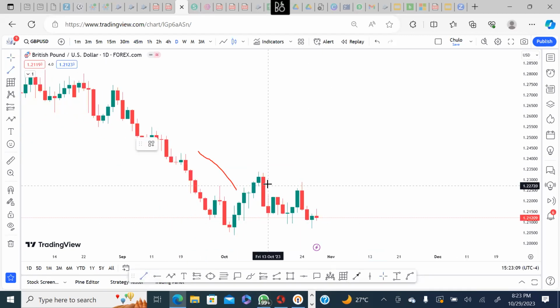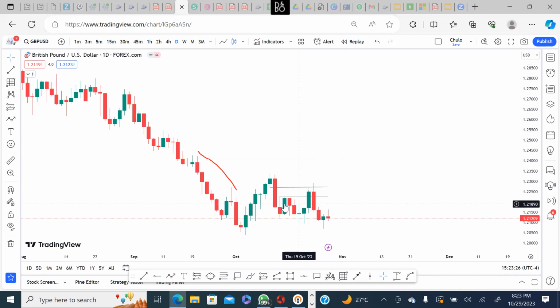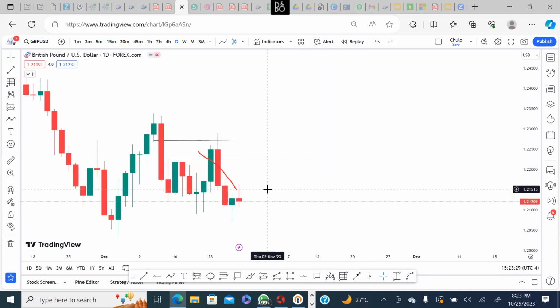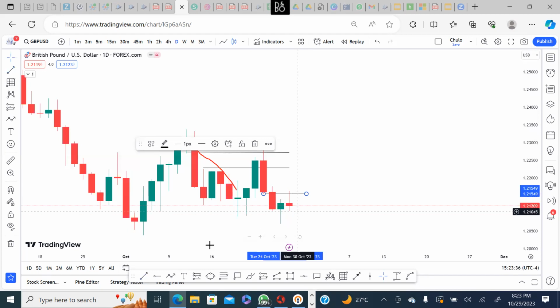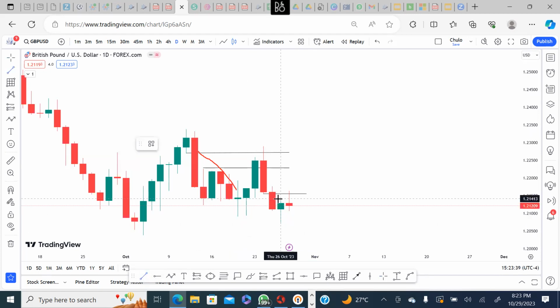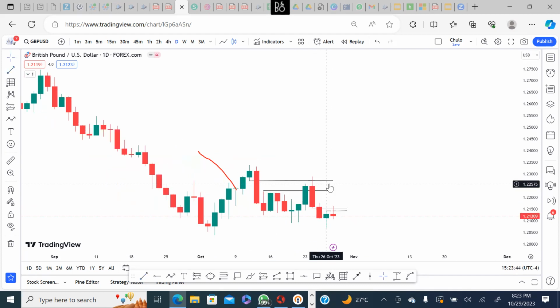So from the daily, this happened. The daily fair value gap, price reacted to it. This was our first sell on Tuesday. I posted it. Now, yesterday, price came back to the daily fair value gap again and respected it.